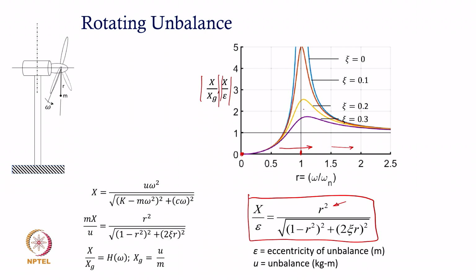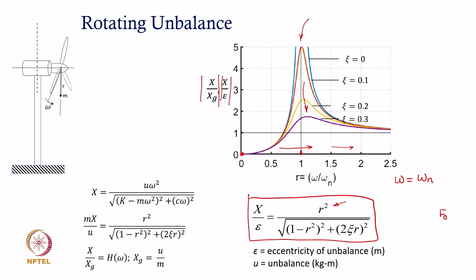Just like what we expected, there will be large resonant vibrations at the frequency of rotation omega equal to the undamped natural frequency. Now, damping plays its own role, the way it has done for the previous case of constant force amplitude also, that it reduces the resonant amplitude as the damping value increases.